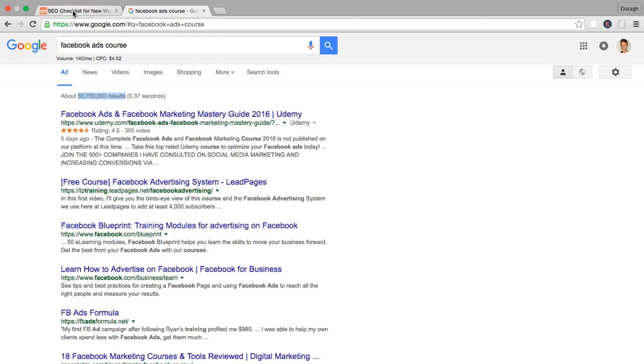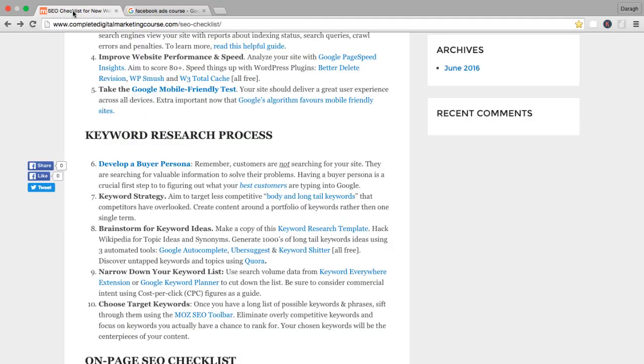There'll be businesses going after them that have been set up for 10 years. You've really no chance to rank for those. You'd be wasting your time. So what you should really do is approach this strategically. You want to aim for less competitive keywords, and you should be thinking from the start about creating content around body and long tail keywords.